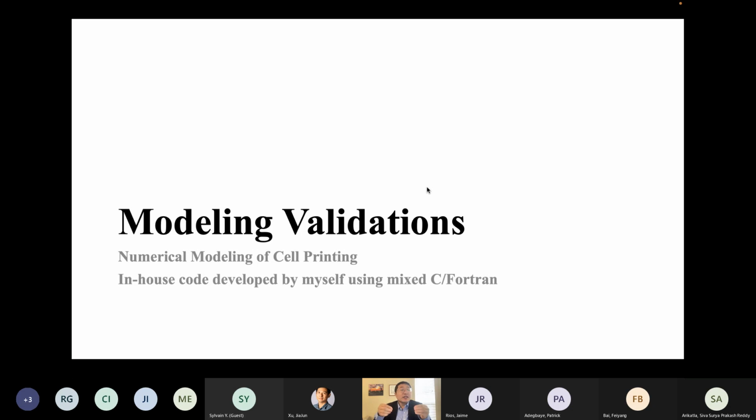As a numerical researcher, my role is to model, but my role is also to validate. I cannot just say, this is a calculation, this is a result, and you need to trust my result. I have to do serious model validation. I developed the code using mixed C and Fortran.